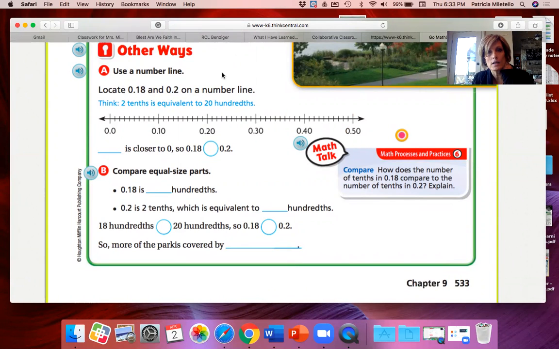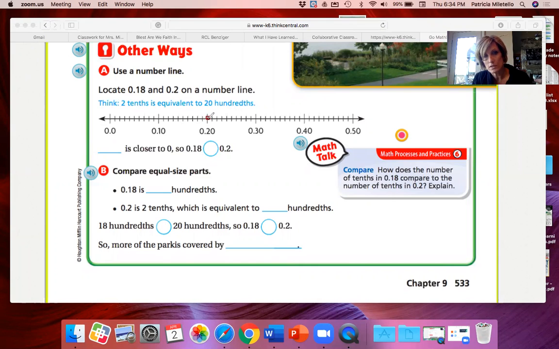Well, 2/10 is equivalent to 20/100ths. So that's right here, that point on the number line. 18/100ths is 10, 11, 12, 13, 14, 15, 16, 17, 18, just 2 points away from that.